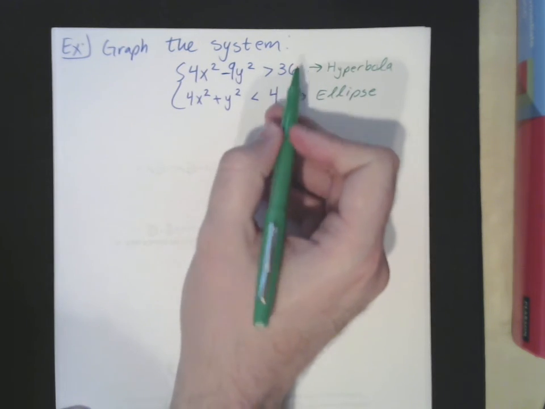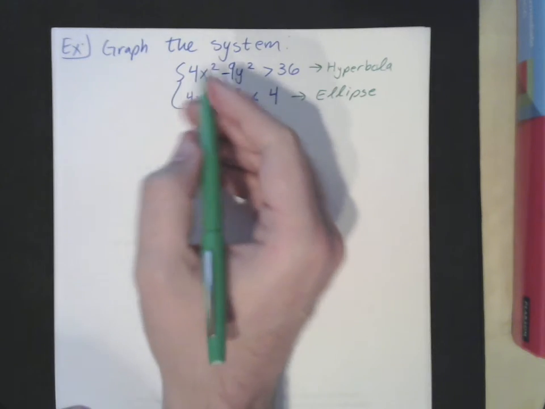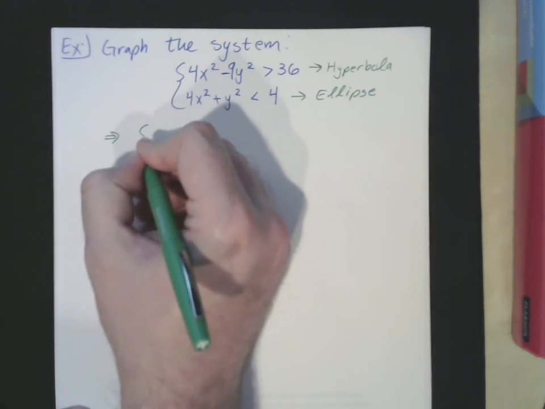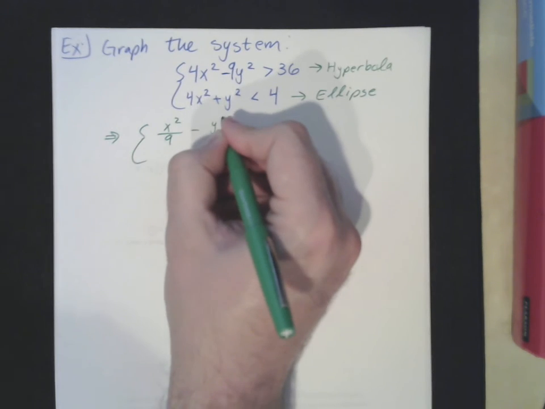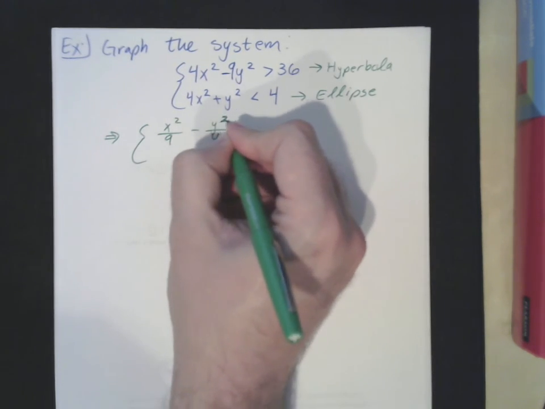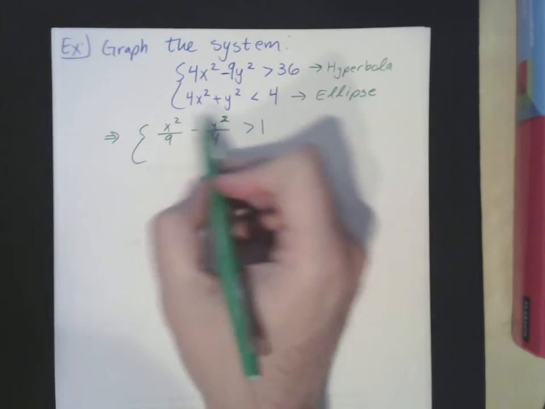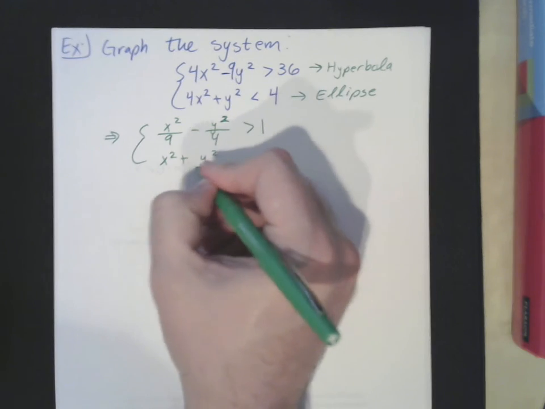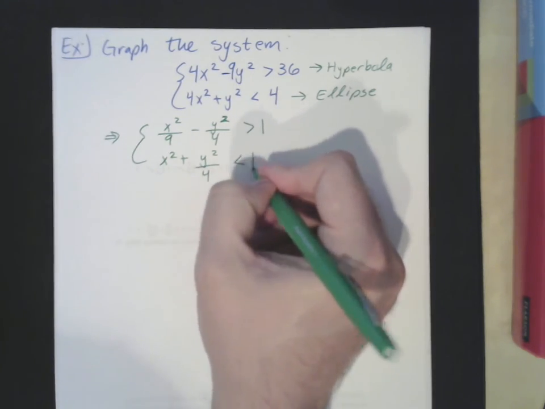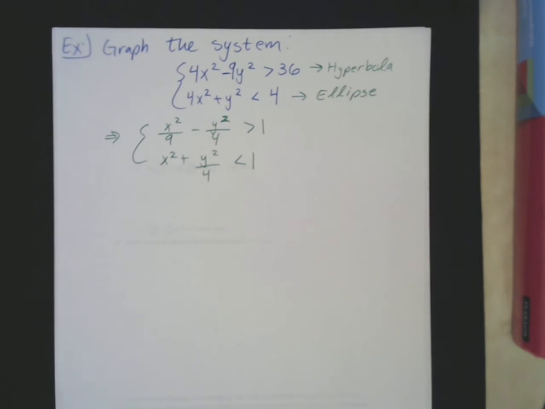Standard form for ellipses and hyperbolas both have 1s over here, so I'm going to divide this first equation by 36, and we get x squared over 9 minus y squared over 4 is greater than 1. Dividing this whole equation by 4, we get x squared plus y squared over 4 is less than 1. So it is definitely a hyperbola and an ellipse.